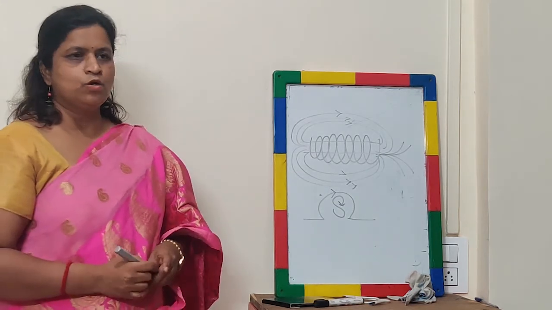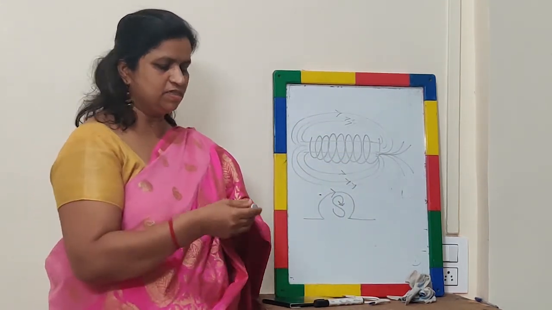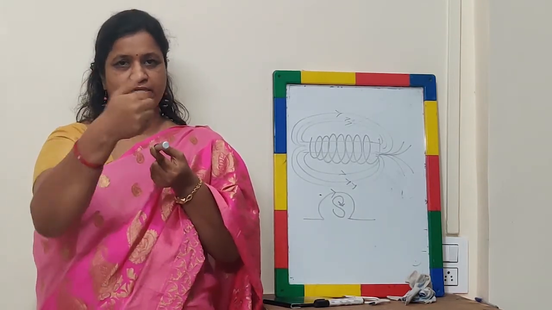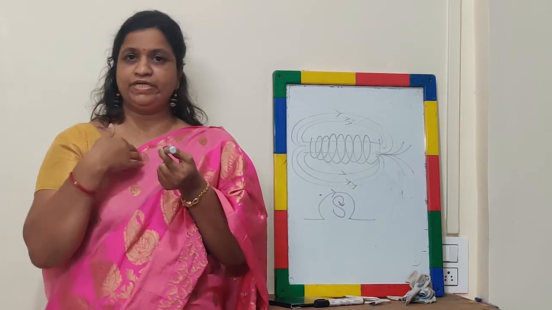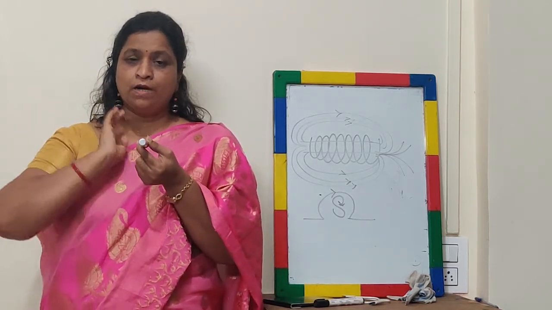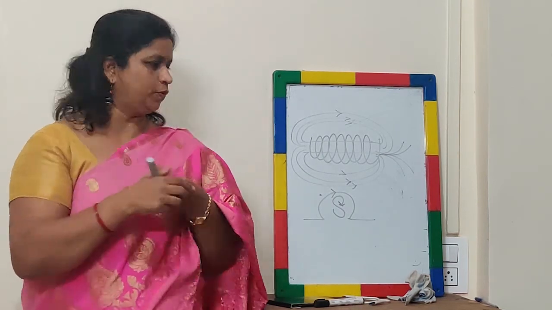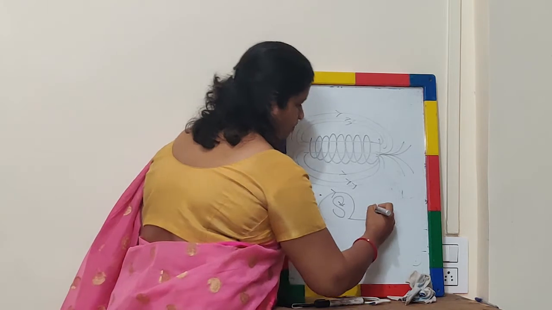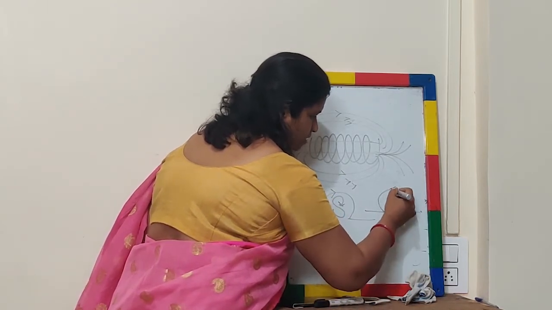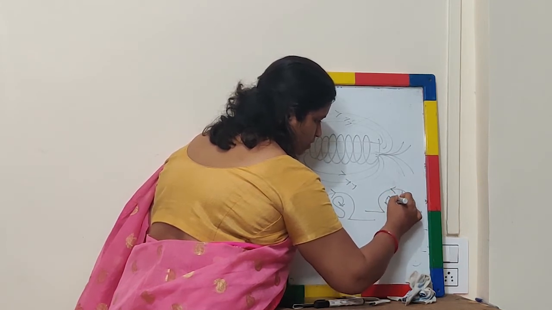Suppose the current is flowing like this in the solenoid, clockwise for you, anti-clockwise for me. So the clockwise side is the south pole, and the anti-clockwise side will become the north pole. If the current is anti-clockwise in direction, it will give the north pole to us.